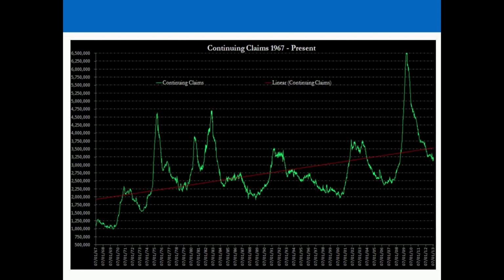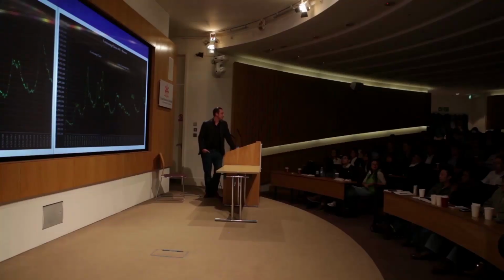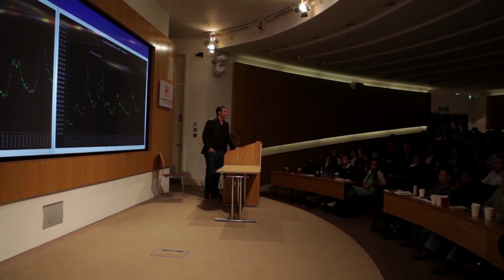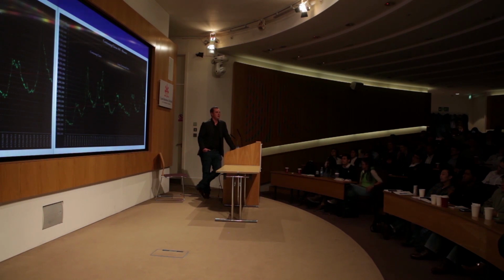What's the trend since the 60s? Yeah. Long-term, but it's an absolute number. Don't forget the population's increased. So it'd be better to put a percentage on it, but it's still trending up as a percentage as well. Tells you that long-term structural unemployment in the US is on a long-term uptrend.